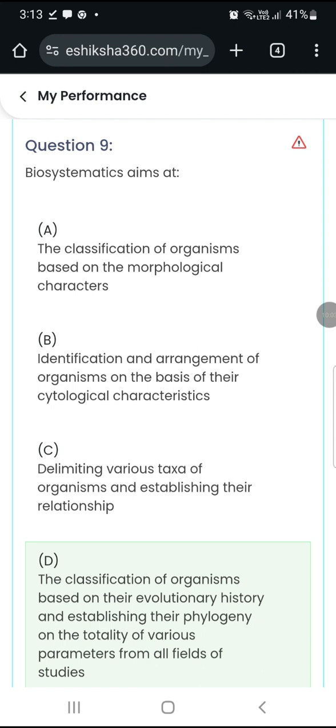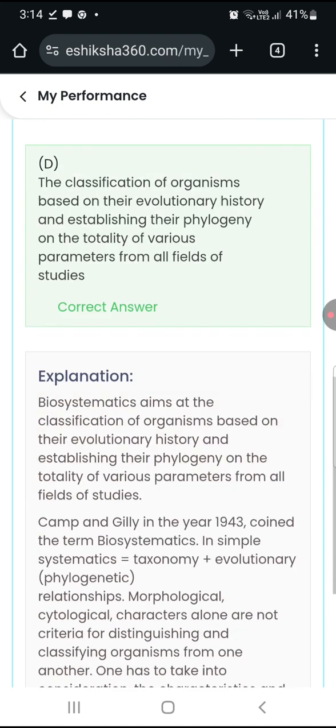Biosystematics aims at the classification of organisms based on their evolutionary history and establishing their phylogeny on the totality of various parameters from all fields of studies.